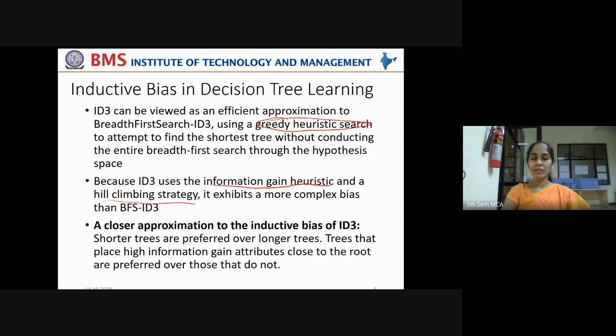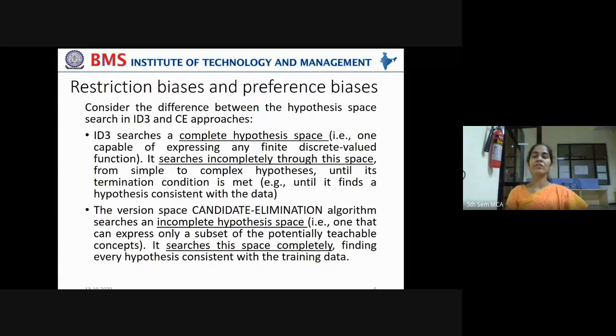Shorter trees are preferred over longer trees, and trees that place high information gain attributes close to the root are preferred over those that do not. These are the two strategies or assumptions made by a decision tree algorithm like ID3.